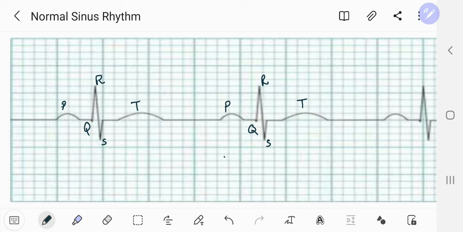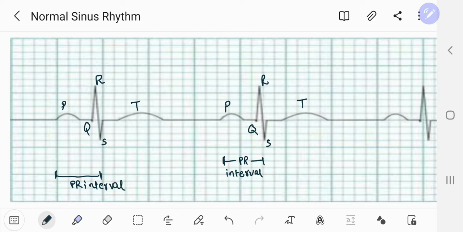Now we also have a PR interval over here. So this is a PR interval, starting from the beginning of the P wave to the peak of the R wave. Here also, this is the PR interval. I will tell you why the PR interval is important.